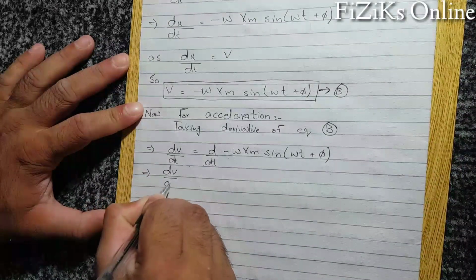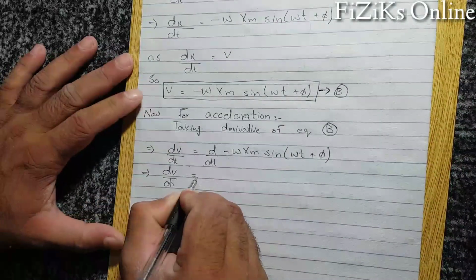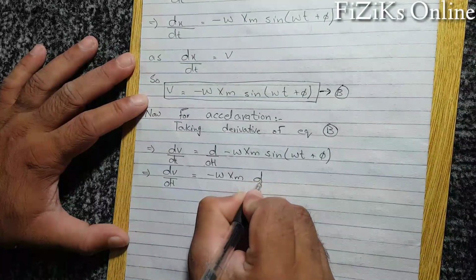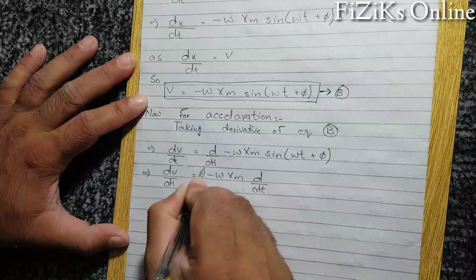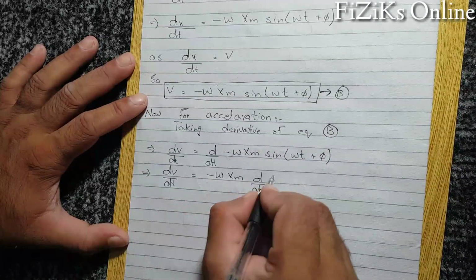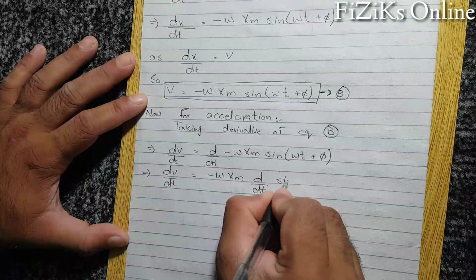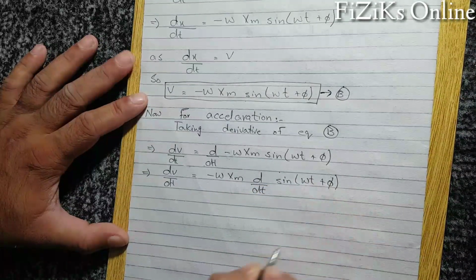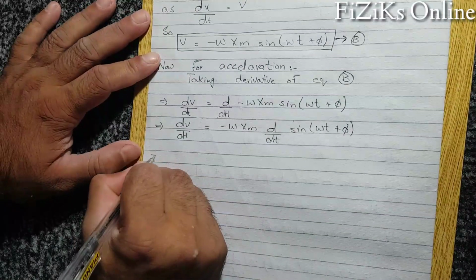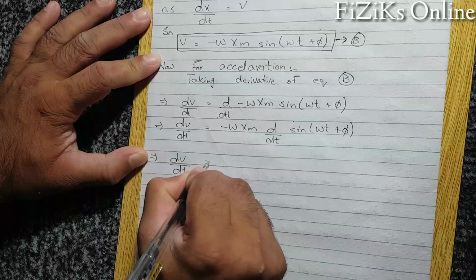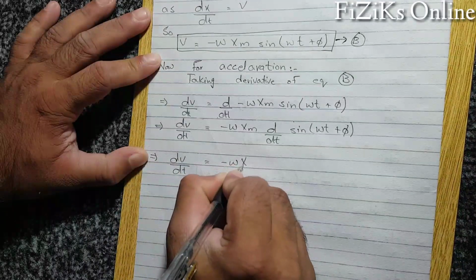dv by dt equals minus omega xm times d by dt of sine(omega t plus phi); omega and xm are constant, so we will not differentiate them.